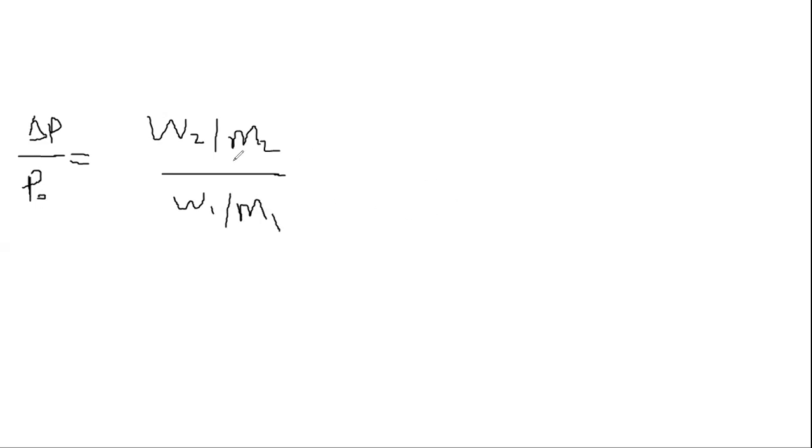So when you rearrange this one, this would become equal to W2 divided by W1, and just rearranging the above equation, multiply by M1 divided by M2. So this is the double fraction. This is moving up and this is going to be down.